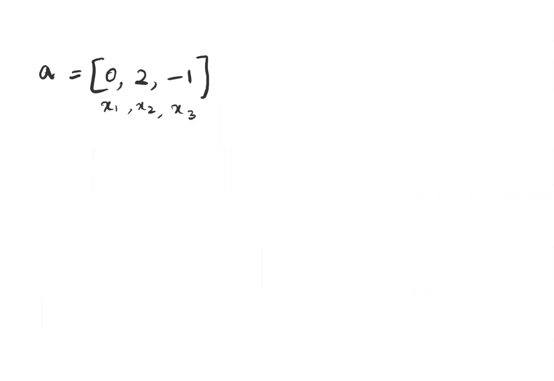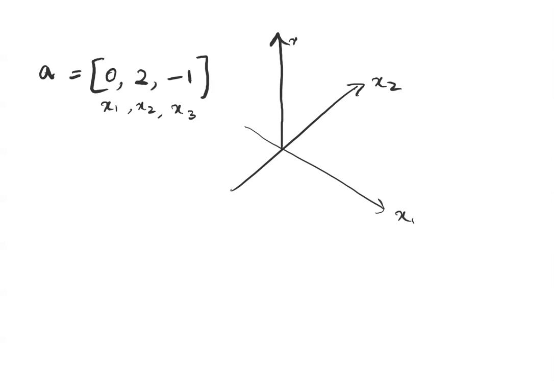To show it on the two-dimensional whiteboard, I'm going to call this x2, x1, and x3. In this case, x3 is -1, x1 is 0, and x2 is 2. So this is going to be our vector.